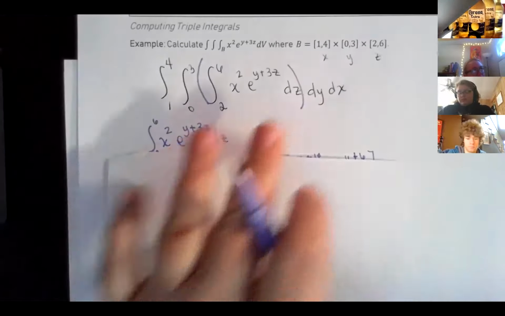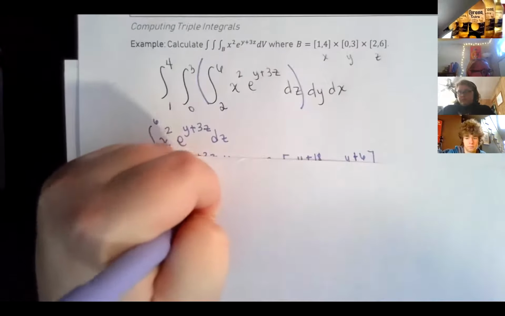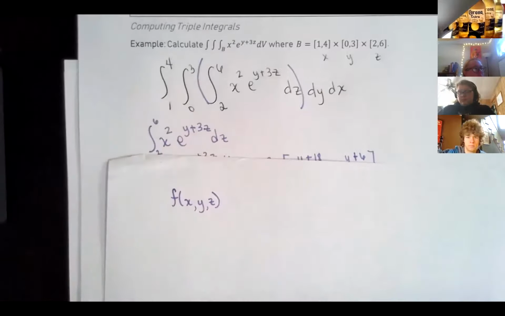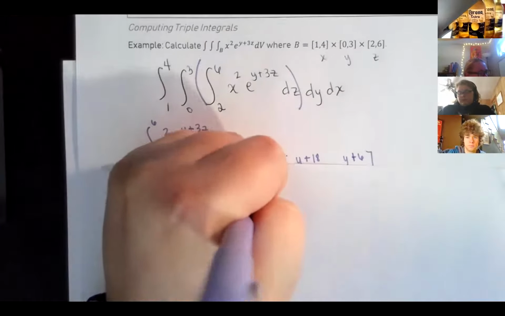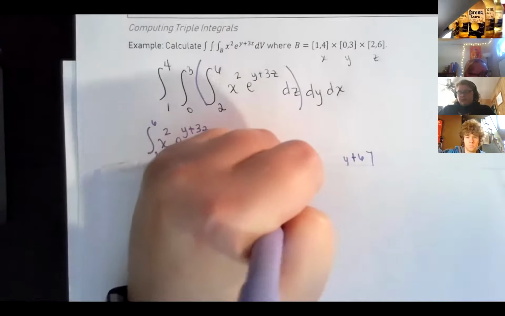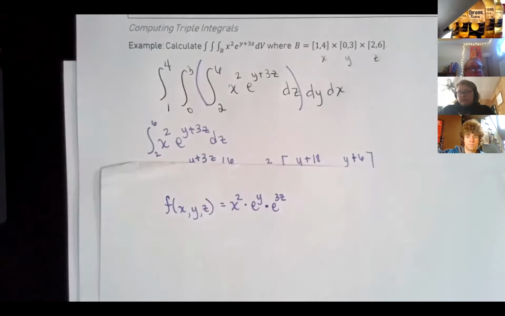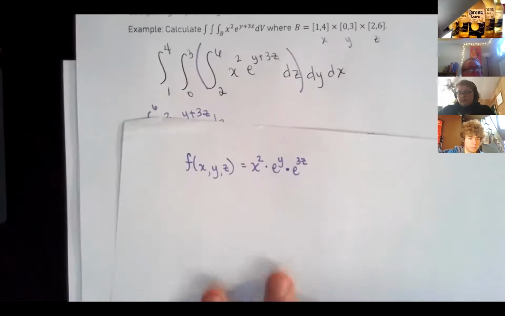But if my function in this problem was f of x, y, and z, that is x squared times e to the y times e to the 3z. Nothing fancy there. Let's not get too excited yet.